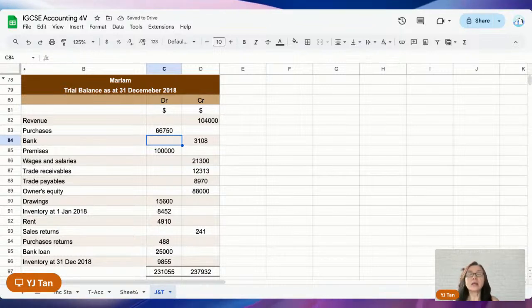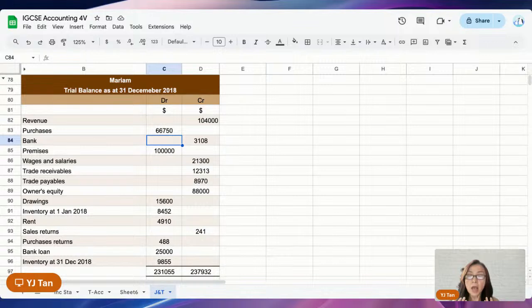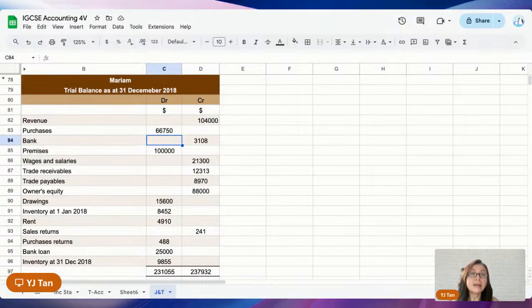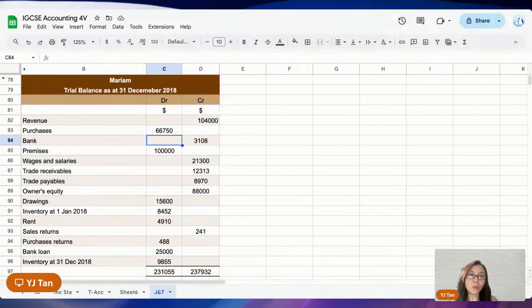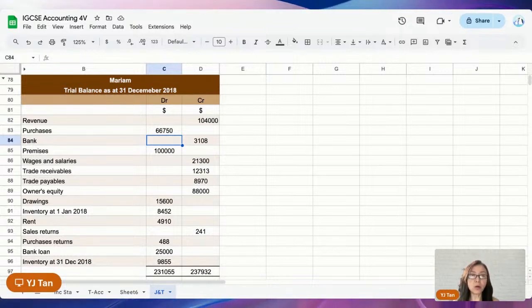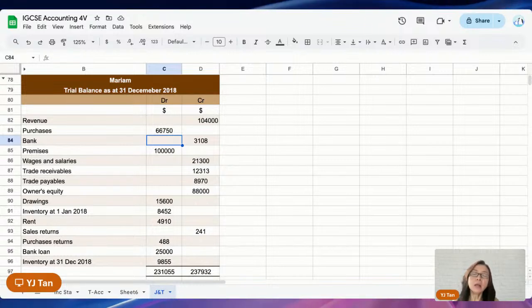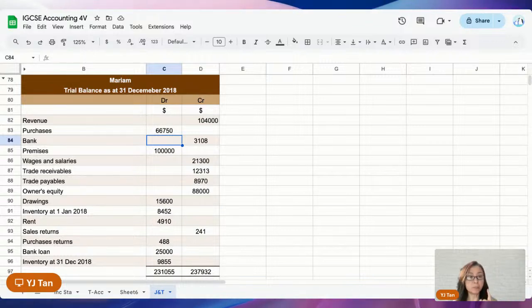Because in normal circumstances, the bank is an asset and it will always appear on the debit side. But in this case, the question says that it's an overdraft. So we already overspent what we have. Okay, so it's an overdraft. We have to put it on the credit side, which is the other way around. All right, please take note.